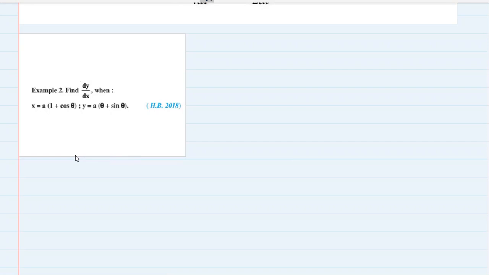Okay, so let's first find dx by d theta. Here the functions x and y have the parameter theta. Theta is the parameter which we are looking for over here. So we have to first differentiate x and y with respect to theta.